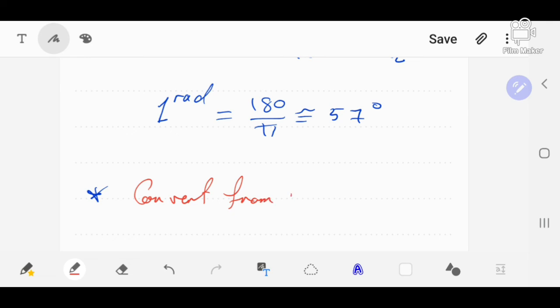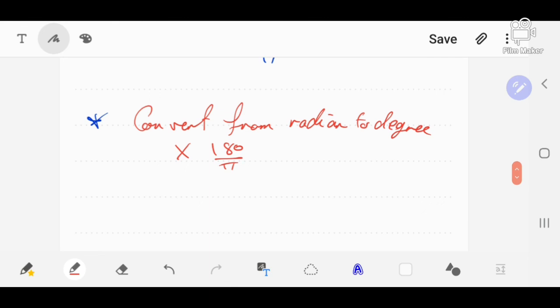And to do the opposite, to convert from degree to radian, we have to multiply by pi over 180.